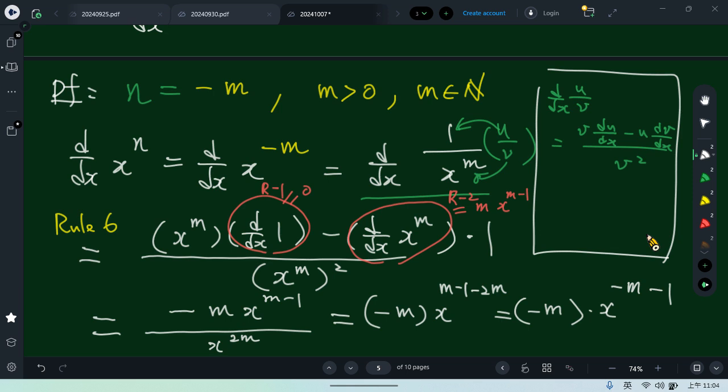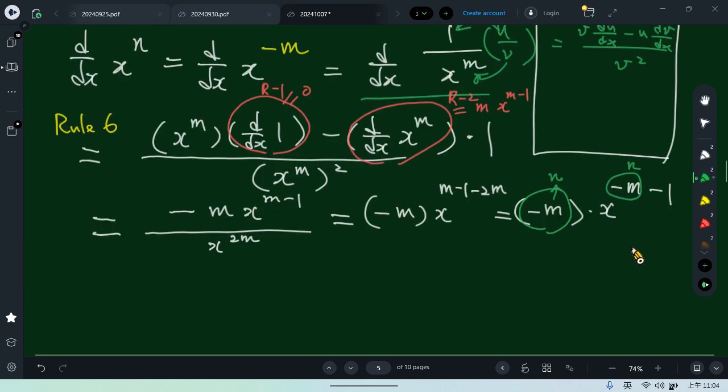Right? So we can just get back to here is n. Here is also n. So finally we can get n times x to the power m minus 1 back.